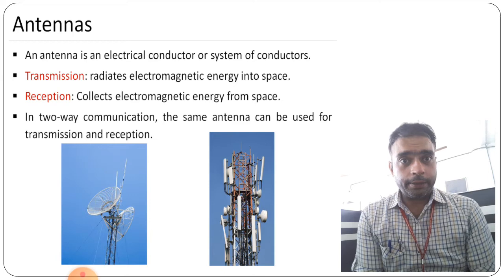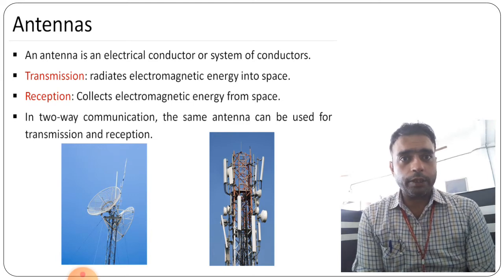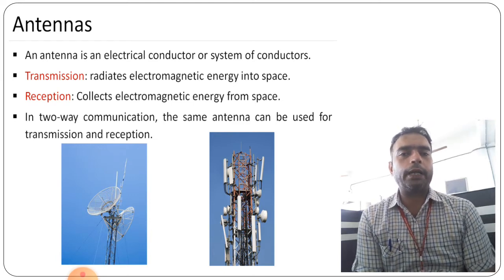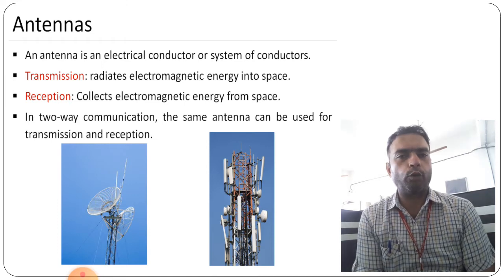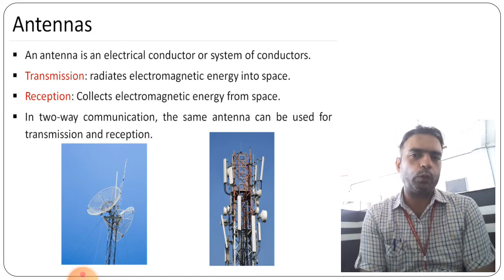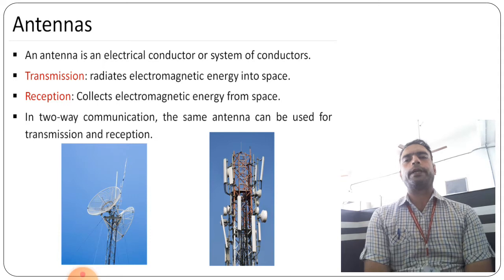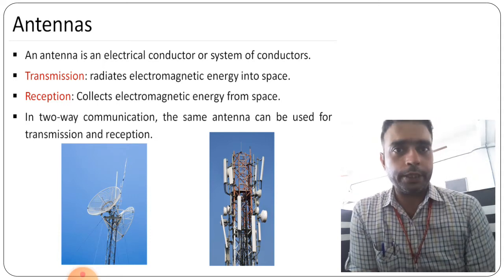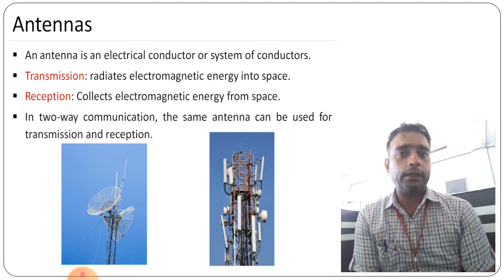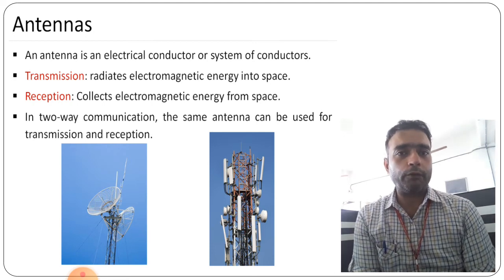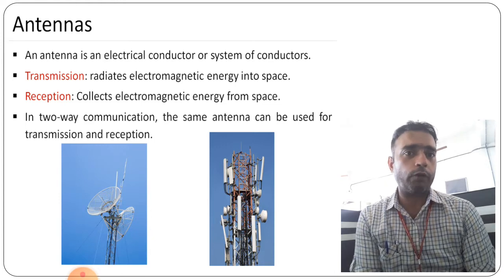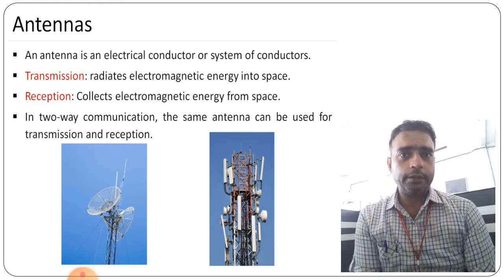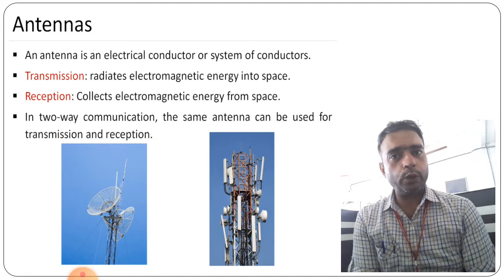The electrical conductor creates a magnetic field that gives electromagnetic energy, which radiates into the space. It is transmitted from the particular source into the space, and finally received from the space. So transmission is done into the space and reception is done from the space.